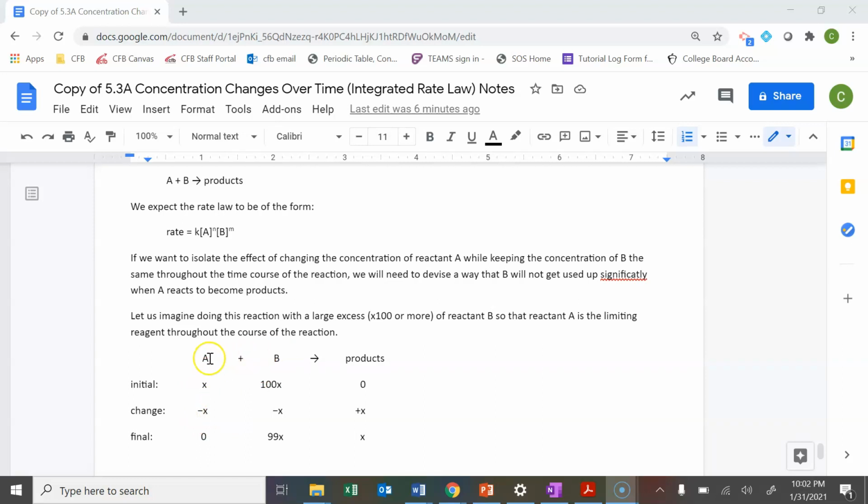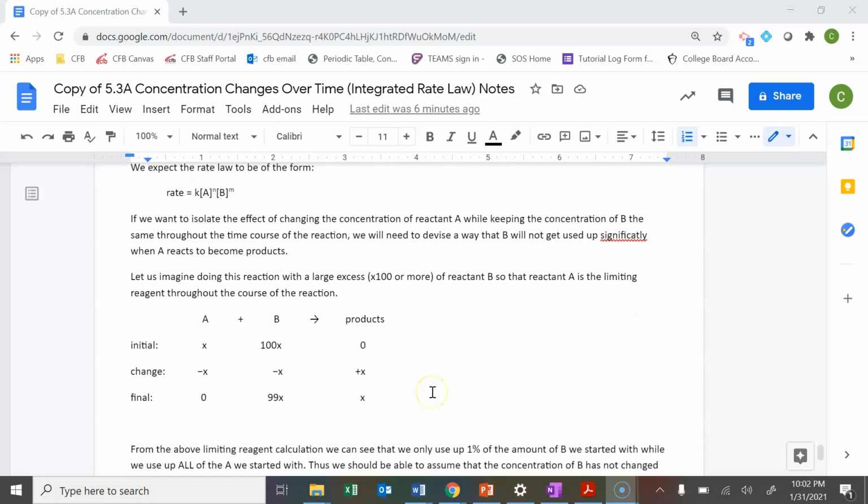Well, if A is the limiting reactant, that means I'm going to use the same amount of B because it's a 1-to-1 ratio. So 100X minus X, I'm just removing the same amount, is just 99X. And then we got X as the amount of products that we made.